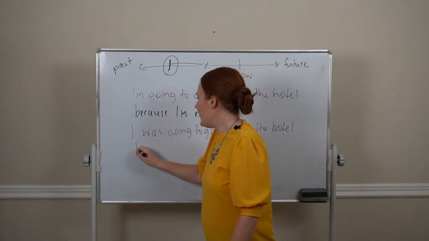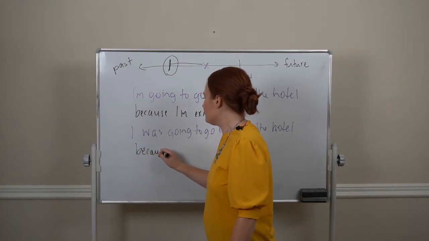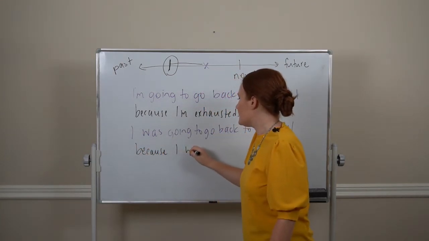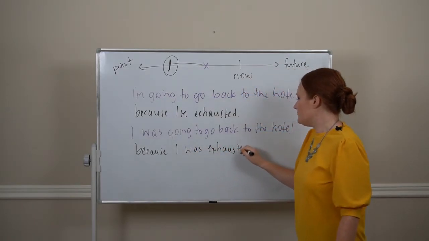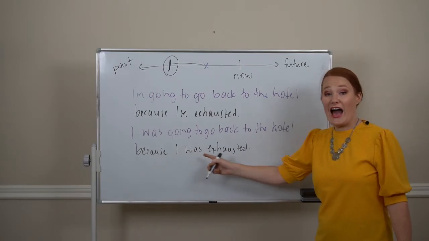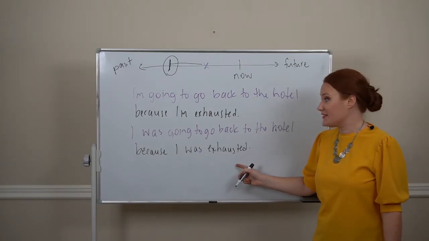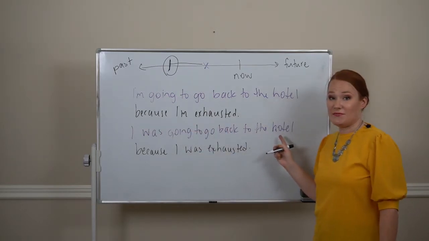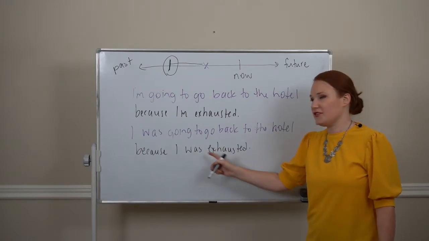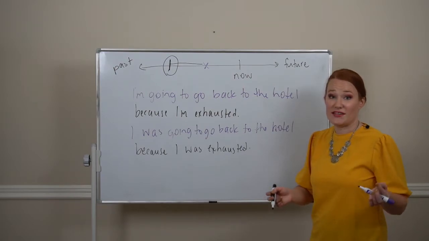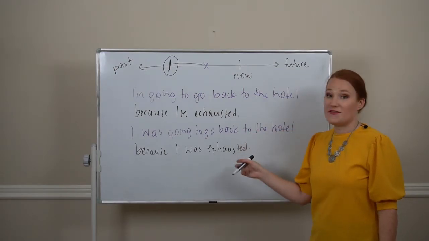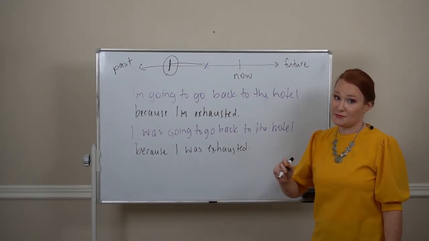And because I am exhausted would be because I was exhausted. This is how I felt at this point in the past. So this was my plan. This was going to happen after this feeling. I was going to go back to the hotel because I was exhausted. This is future seen from the past.